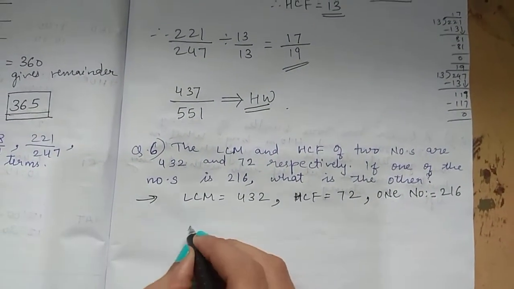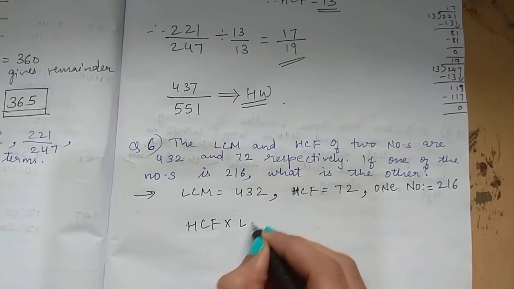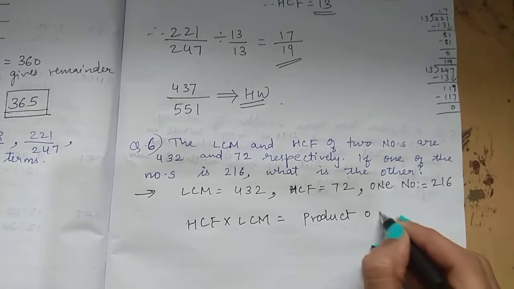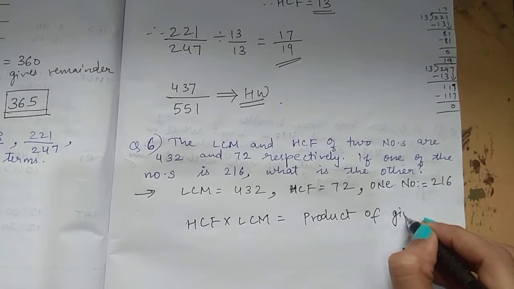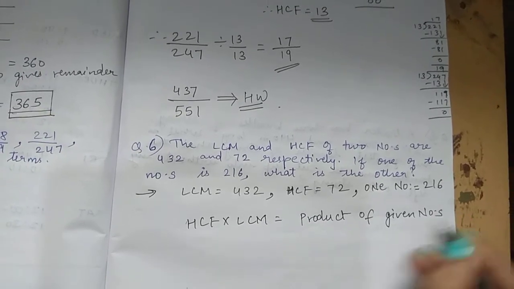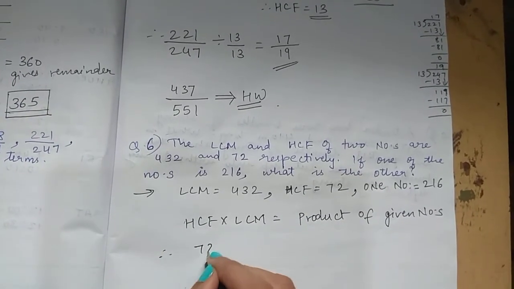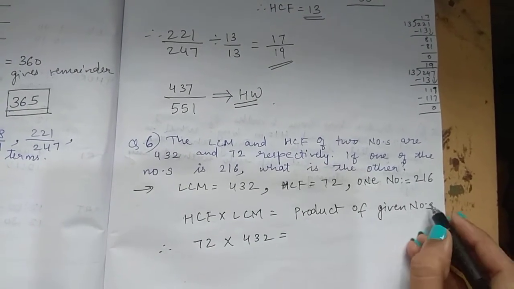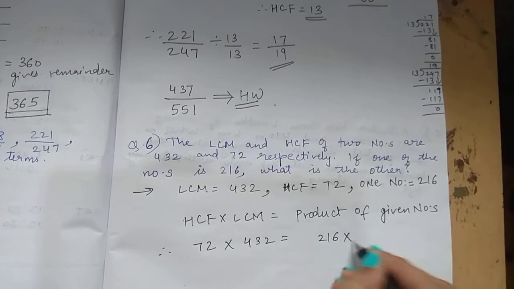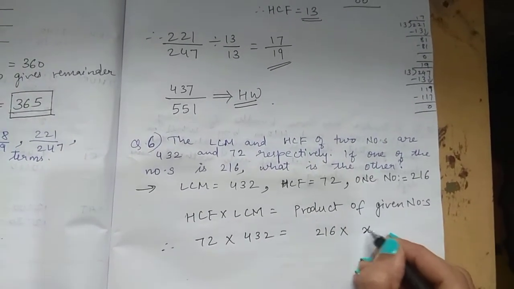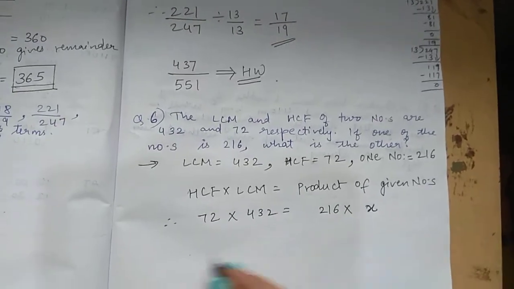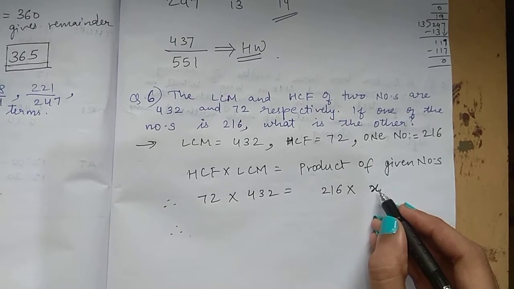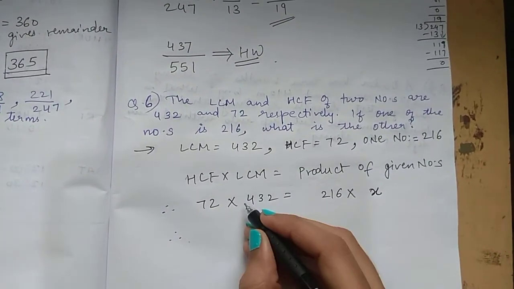We have one property that HCF multiplied by LCM equals the product of numbers. So what is HCF? 72. What is LCM? 432. Product of numbers is 216, one number. Another number we don't know, so I am taking X. Whenever we have to find the value of any variable, whatever number we have, we will take it to the other side.